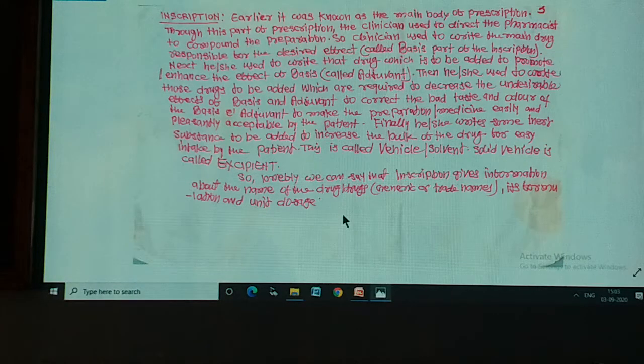Solid vehicle is called excipient. You must know that vehicle is a broad term which includes all forms of drugs, whether solid, liquid or gaseous, while excipient is limited to the solid form of the drug. So briefly we can say that inscription gives information about the name of the drug or drugs with their generic or trade name, its formulation and unique dosage.